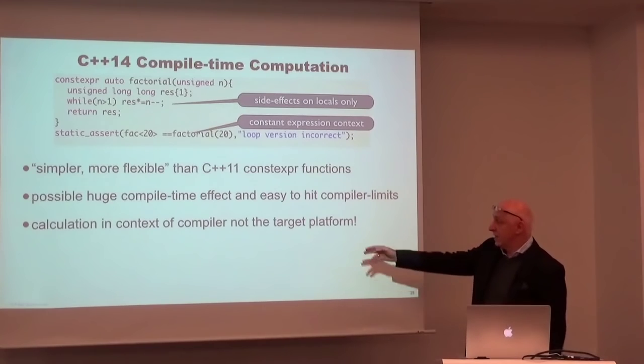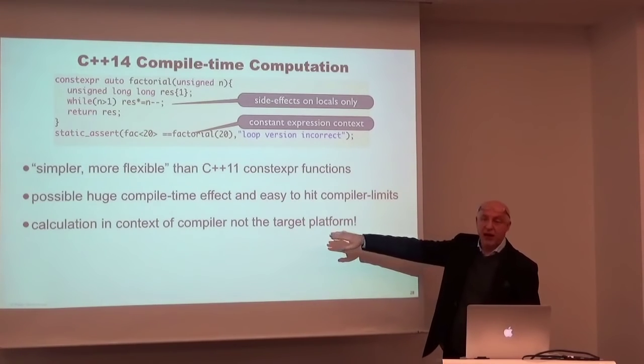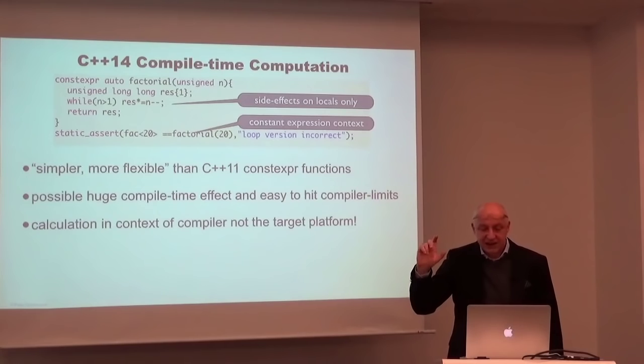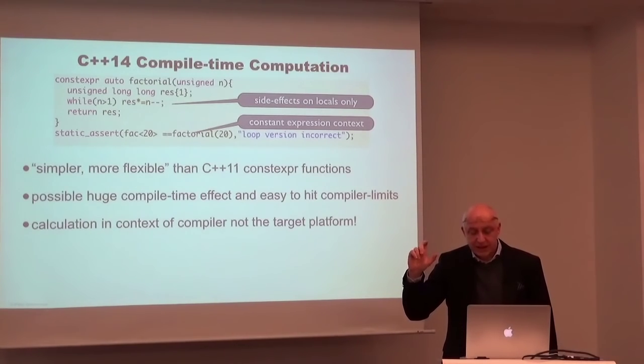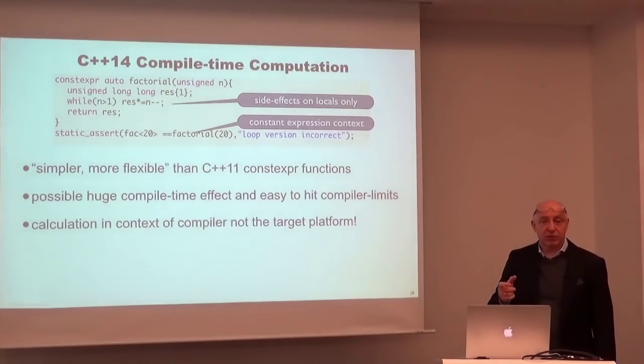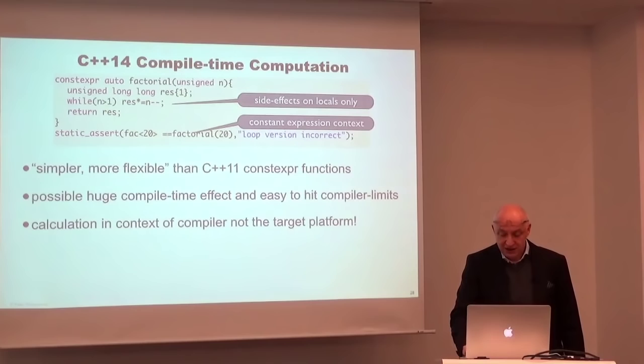And the calculation is done in the context of the compiler and not the target platform. That might be interesting for those people who might have different double number representations, floating point number representations, or different limitations on numerical values allowed.